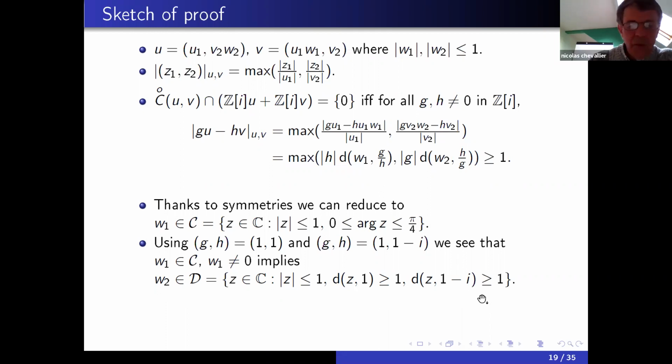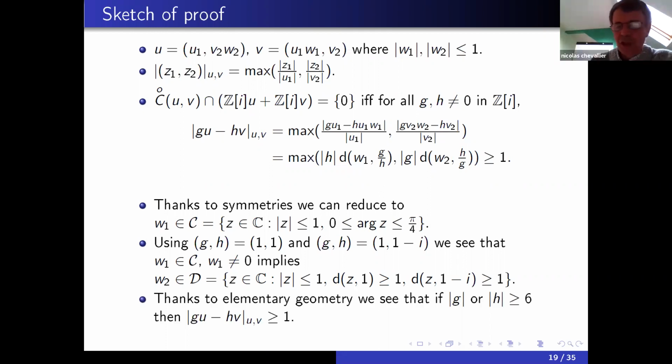Then, if you use elementary geometry, you see that when modulus of G or modulus of H are larger than 6, then this norm is larger than 1. So these points are not important. And so we are left with only finitely many pairs of Gaussian integers, and you can use a computer to finish the proof.